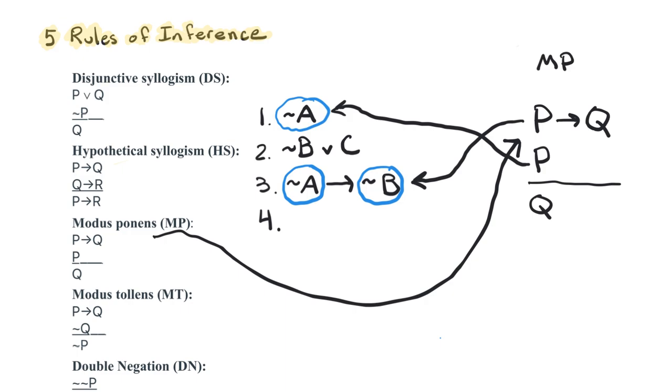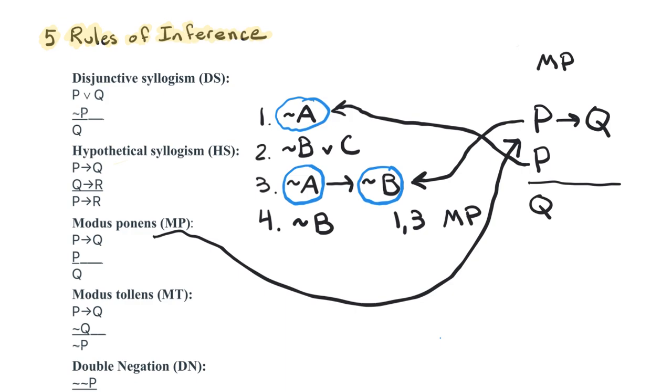And so we do have this form. It just is organized differently, and it's got all those tildes, but it's going to work the same way, such that we can derive tilde B from lines 1 and 3 using the modus ponens rule of inference.